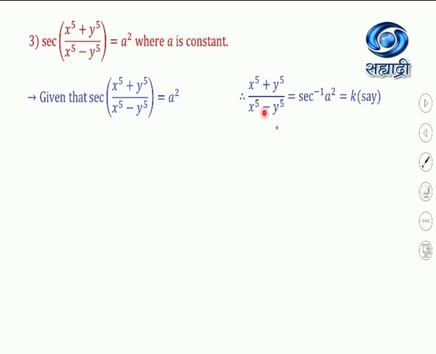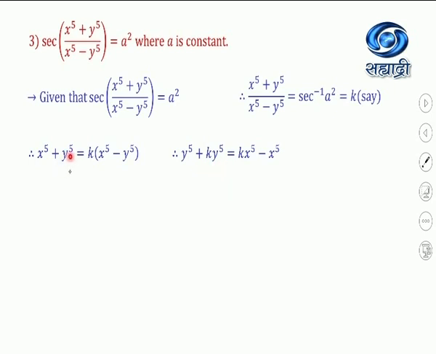Now take this denominator on the right hand side. What we get? x raised to 5 plus y raised to 5 is equal to k into x raised to 5 minus y raised to 5. Now k into y raised to 5, that is minus k into y raised to 5, take on the left hand side. We write it this way, y to the power 5 plus k into y raised to 5.